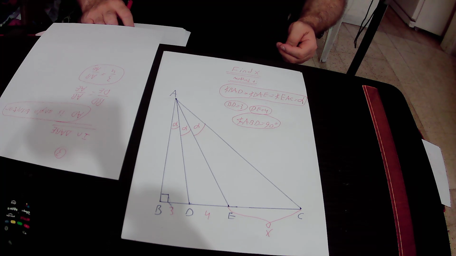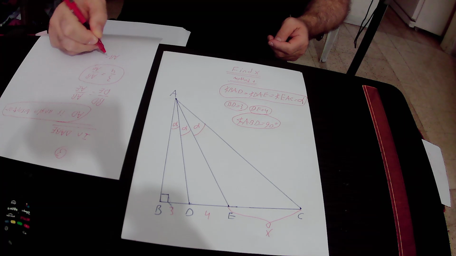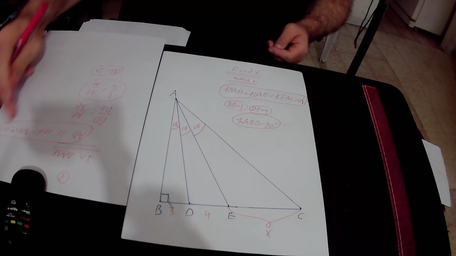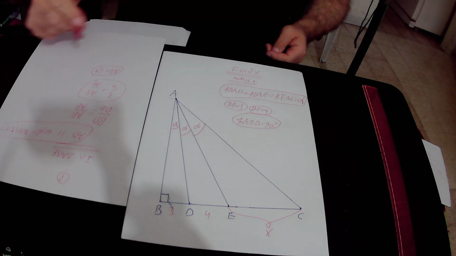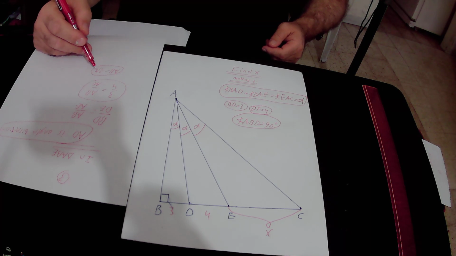And we will define AB as 3K. So AB will be equal to 3K according to our definition. So we will substitute AB in this equality by 3K in order to find the value of AE.